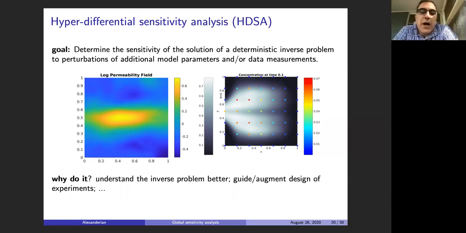Why do you do a sensitivity analysis of an inverse problem? Well, you understand the problem better. Also, doing sensitivity analysis with respect to data could guide or augment design of experiments. If I find the inverse problem is very sensitive to some measurements, then it's a good indication those are useful measurements. If not, then maybe I don't necessarily need to record those measurements.